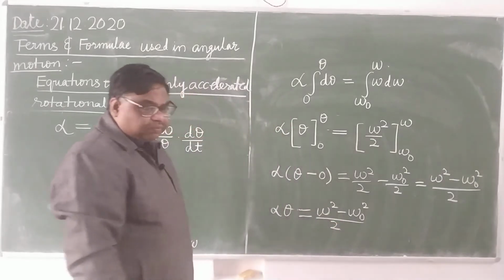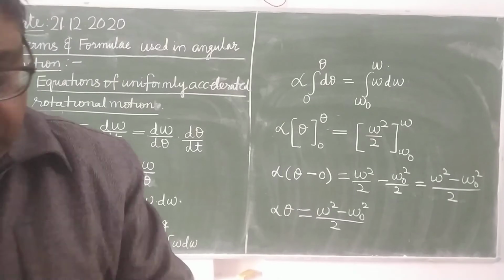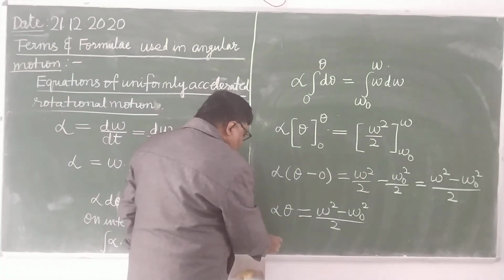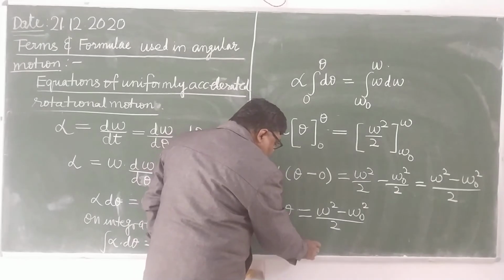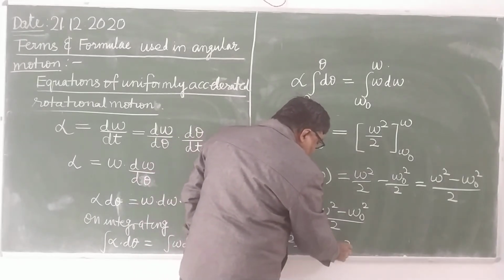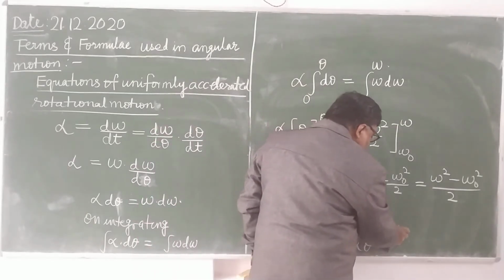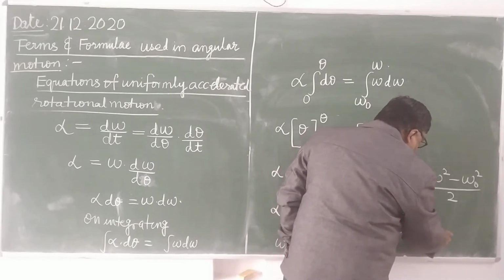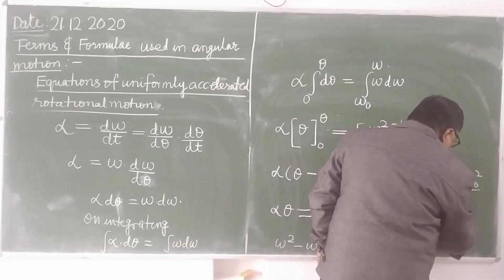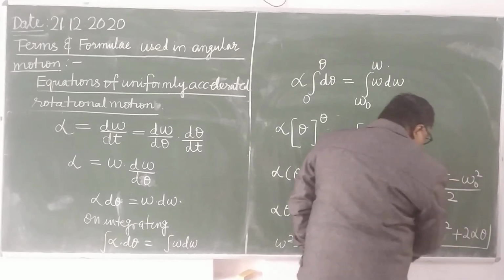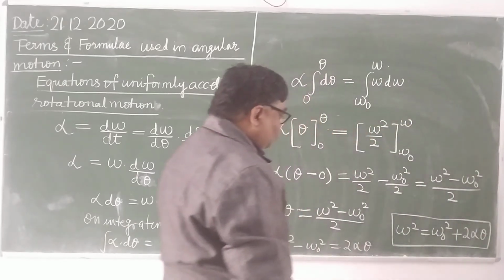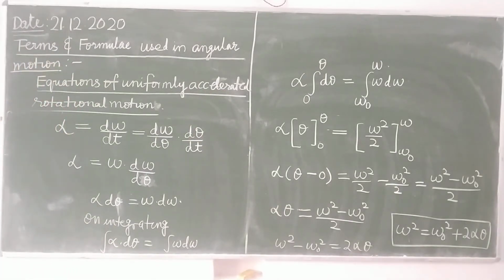When you further simplify it, it comes out to be omega square minus omega naught square equals 2 alpha theta. It's clear? Or omega square equals omega naught square plus 2 alpha theta. So this is the third equation of uniformly accelerated rotational motion. Already I have explained that alpha will be constant.